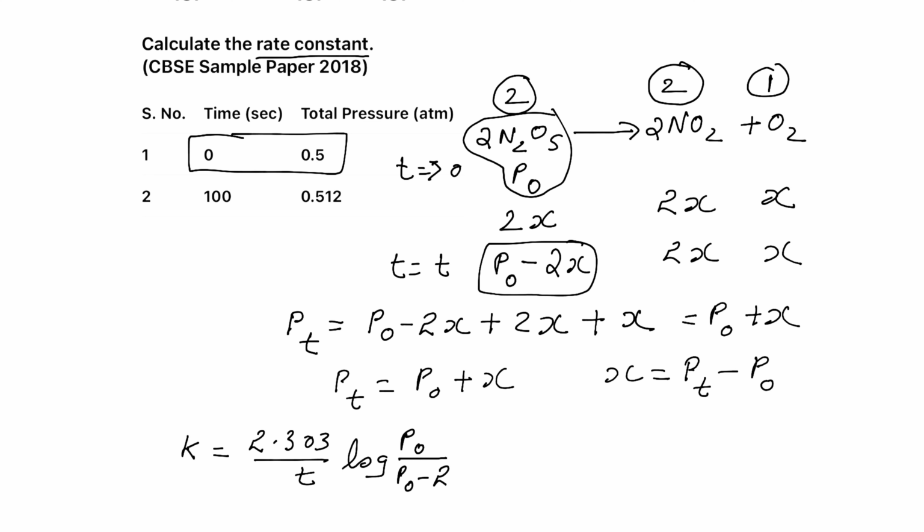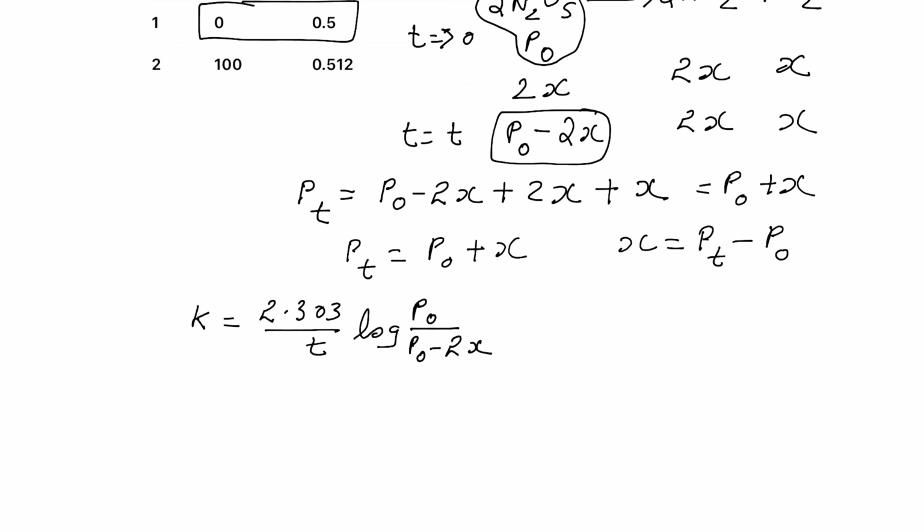P0 minus 2x. You remember, right? We started the numerical with this hint. K is equal to 2.303 by t log initial pressure of the reactant by present pressure of the reactant. What is the present pressure? You can see, P0 minus 2x.